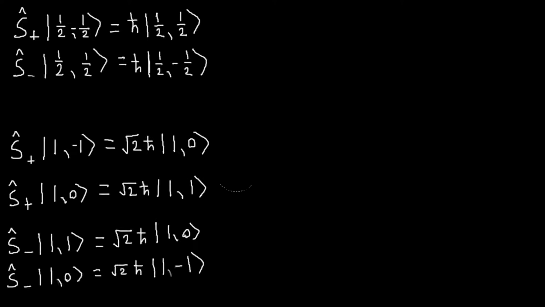So we climb these states. And if you act s plus on |1, 1⟩, then you get 0, because you can't raise the z component of the angular momentum anymore, because the maximum component of your angular momentum along the z direction is just the total amount of angular momentum you have. And then similarly, s minus on |1, 1⟩ gets you to |1, 0⟩, s minus on |1, 0⟩ gets you to |1, -1⟩, and s minus on |1, -1⟩ gives you just 0.